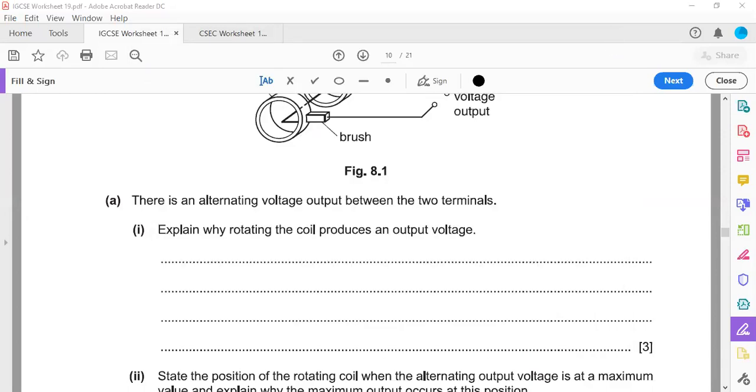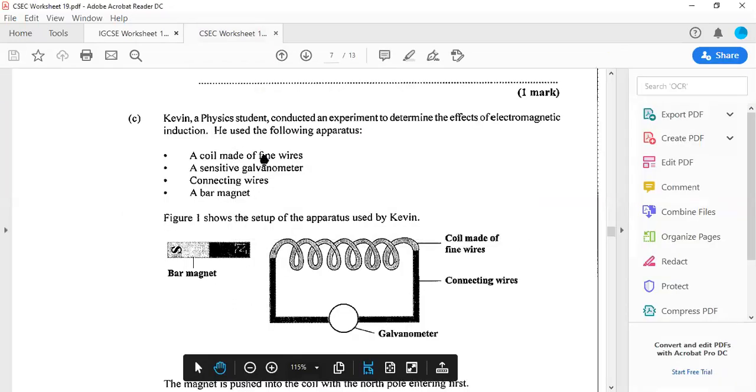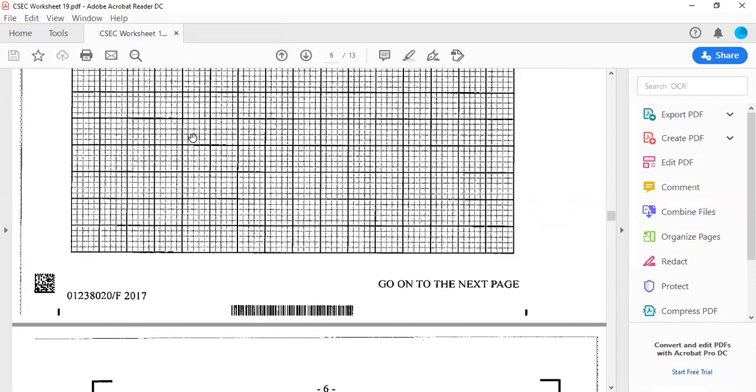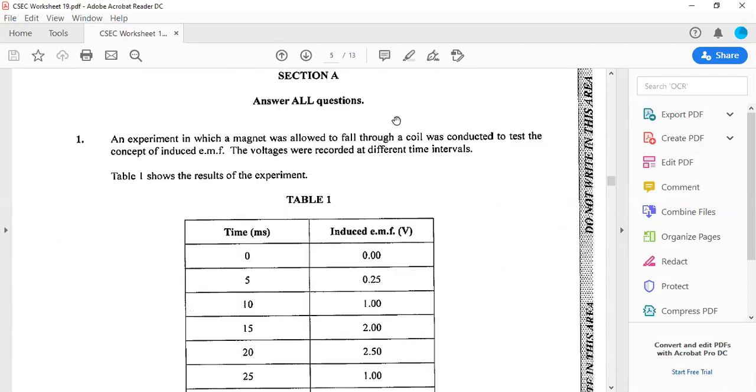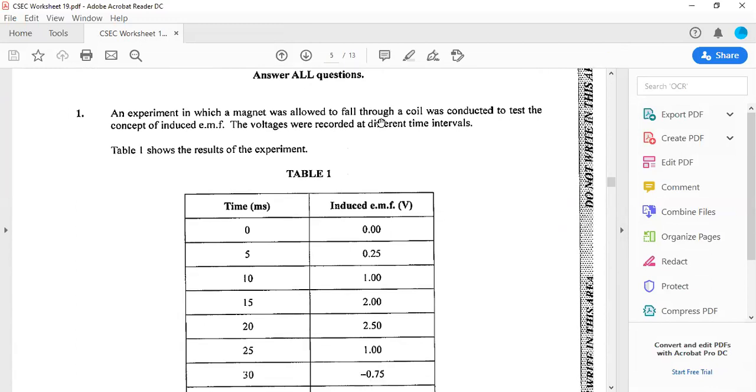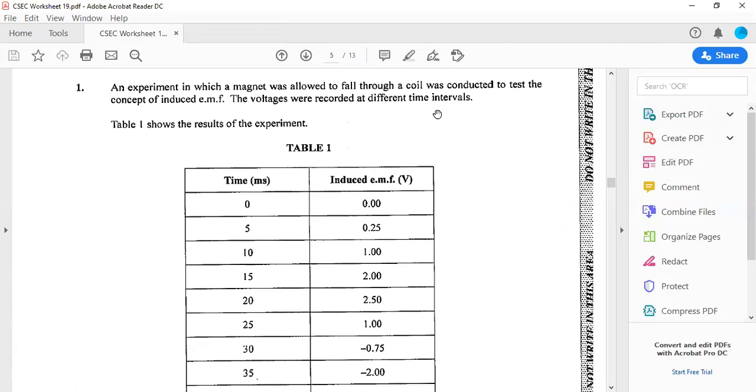For the CXC students, question here. The question says an experiment in which a magnet was allowed to fall through a coil was conducted to test the concept of induced EMF.